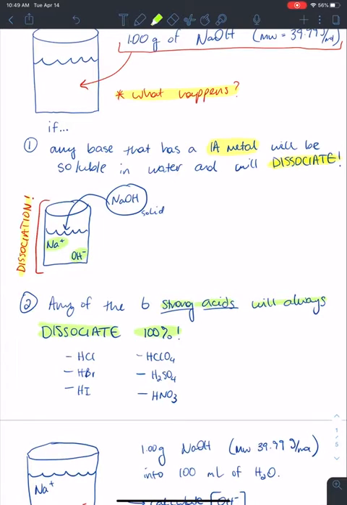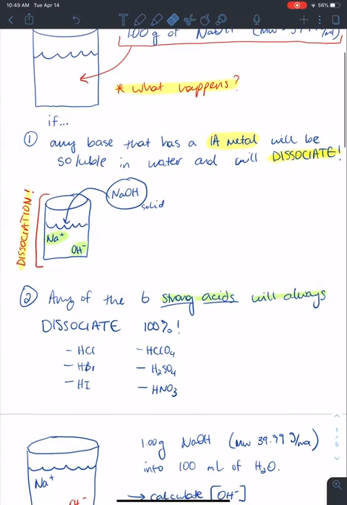That means everything that you add into the water is going to break up into its constituent ions. As a refresher, those 6 strong acids are hydrochloric acid, HCl, hydroiodic acid, HI, hydrobromic acid, HBr, perchloric acid, HClO4, sulfuric acid, H2SO4, and nitric acid, HNO3.